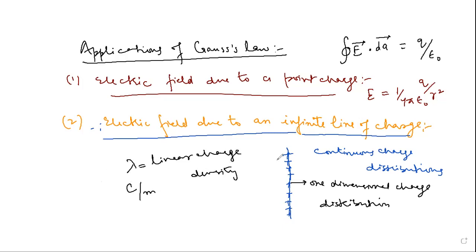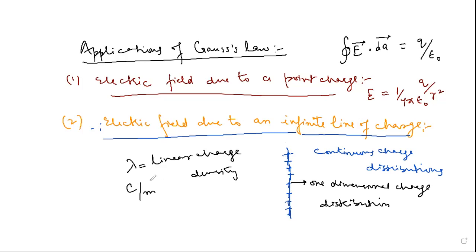So every one-dimensional charge distribution is characterized by linear charge density or charge per unit length. It can be constant or variable. If it is constant, that means lambda everywhere is same. Every unit of length contains the same amount of charge. If it varies, then different units of length will contain different amounts of charge.